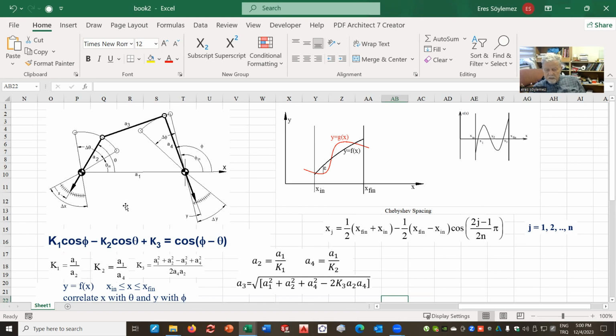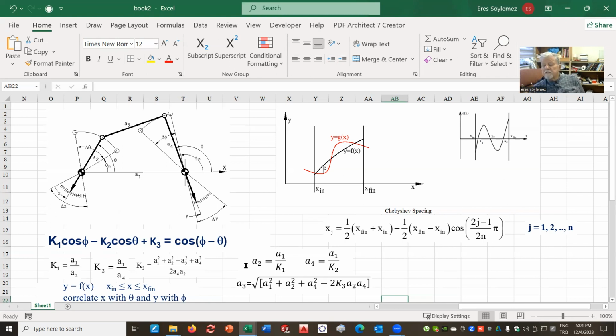If this link is in a cross form, we call it cross form of the four-bar. It is possible that one of the positions that we have specified can lie in the second bracket, in a cross form or an open form. So not all 3 positions may lie in the same form of the four-bar mechanism. In that case, it is useless. That's not a feasible four-bar.